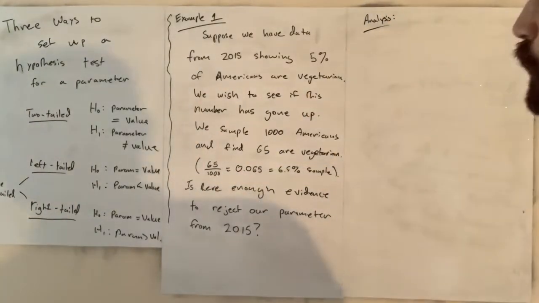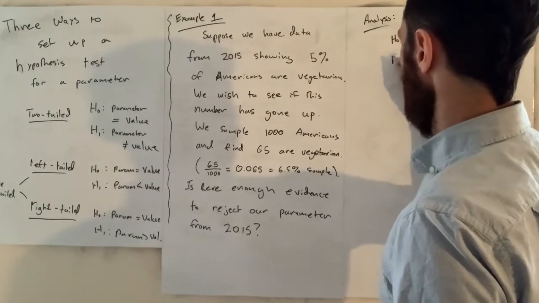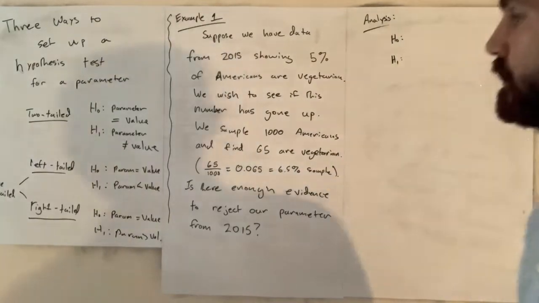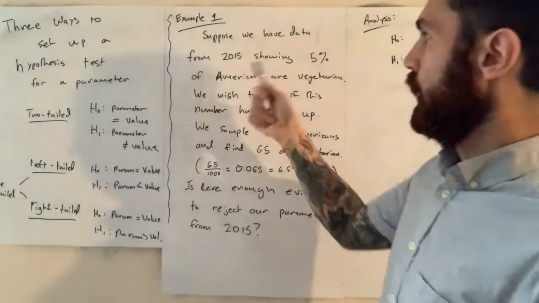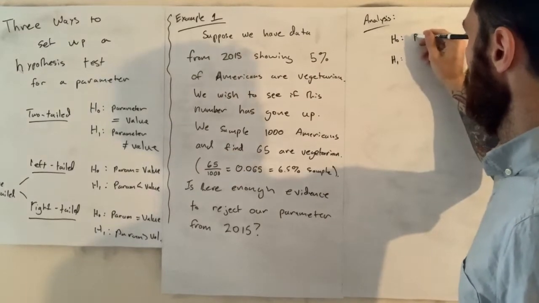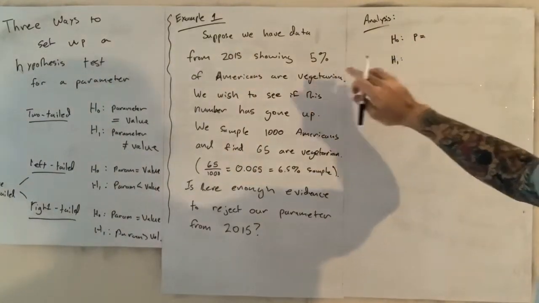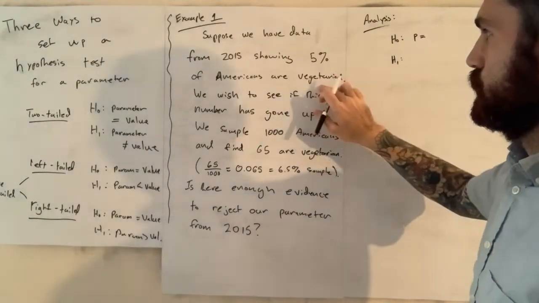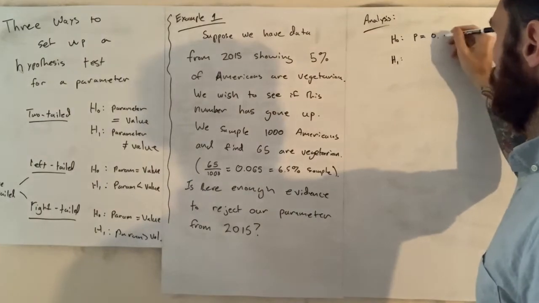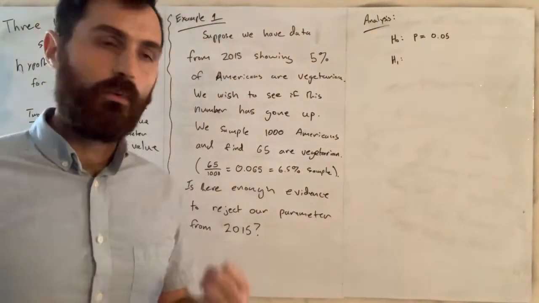So the analysis is we first want to figure out what our null hypothesis and our alternative hypothesis are going to be. And so our null hypothesis is going to be that the parameter we're looking for, the proportion of Americans who are vegetarians, is equal to 0.05, right? So this is what we're starting with.